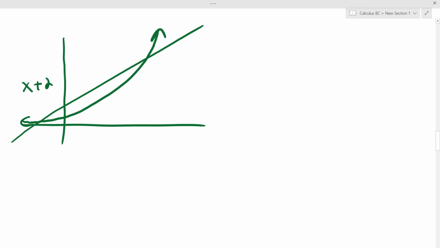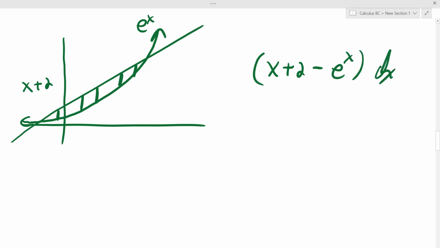Cool. I want to find the area in there. Well, you can see that no matter where you draw these rectangles, the top will always be x plus 2. So again, we have e to the x and we have x plus 2. So the height of every one of those rectangles is this, and we would integrate that.